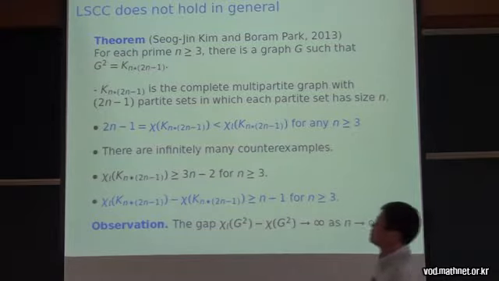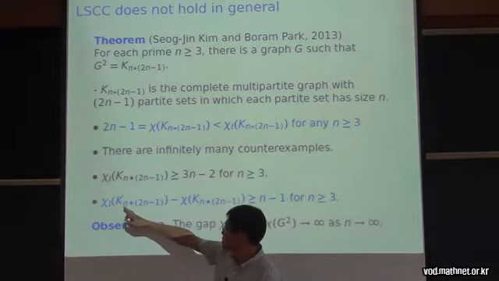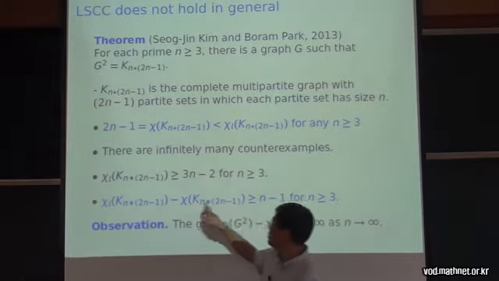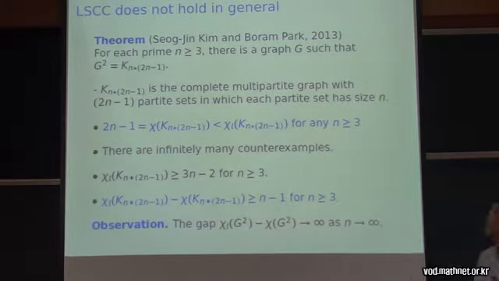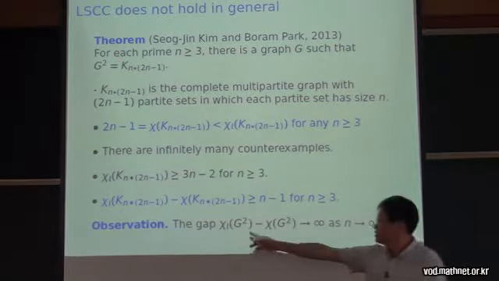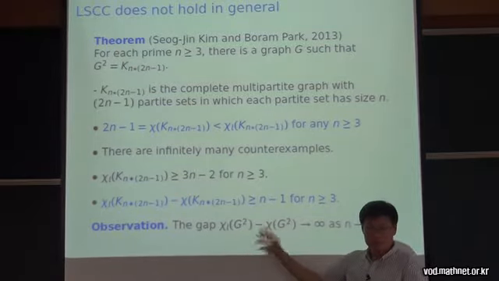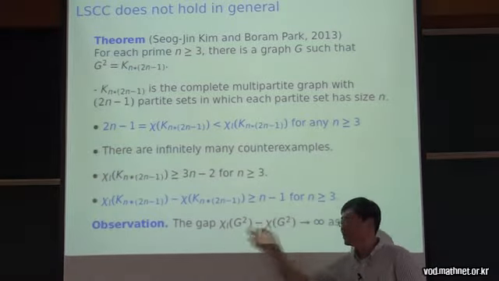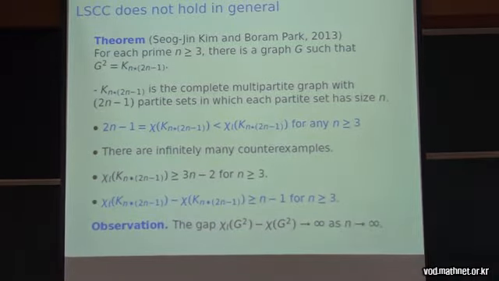So the gap between the list chromatic number and the chromatic number goes to infinity. The original conjecture was that they should be equal, but surprisingly the gap becomes arbitrarily large.